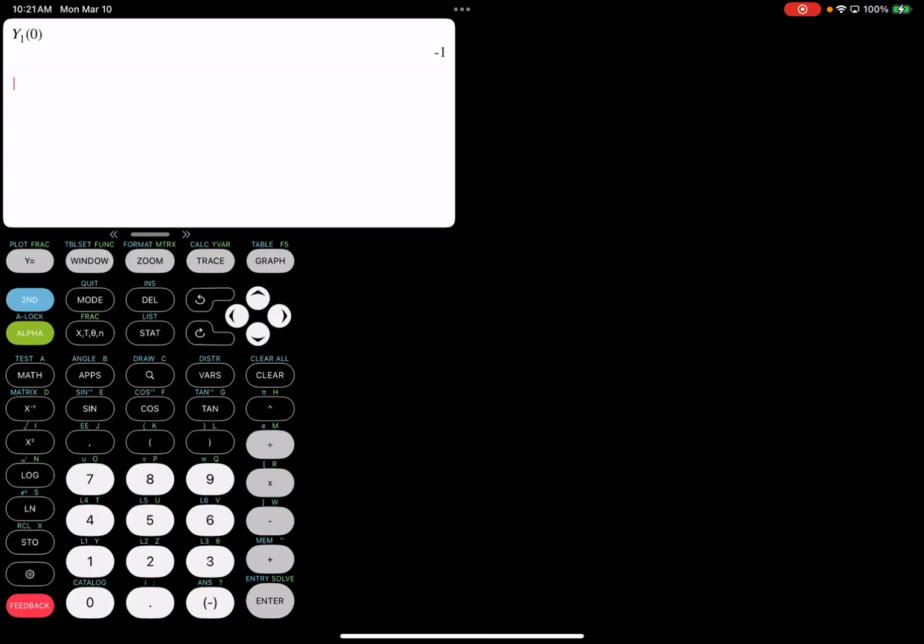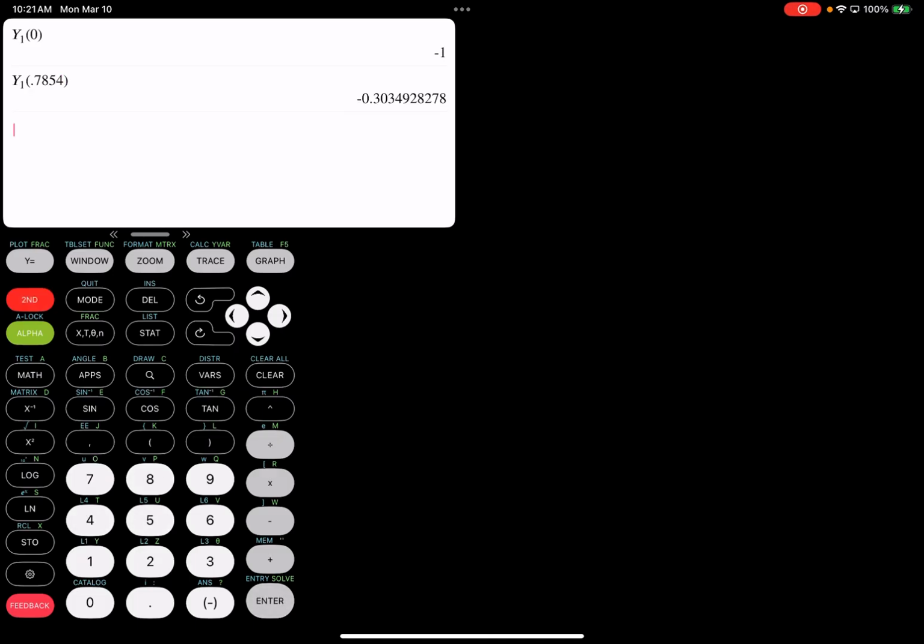Then, watch. I don't need to do vars, y vars, function y1 again. You can either go up and highlight it and hit enter, or if you just press second enter, it'll copy paste the last line. Then you can change the 0 to any number you want. 0.7854. Hit enter, there it is.